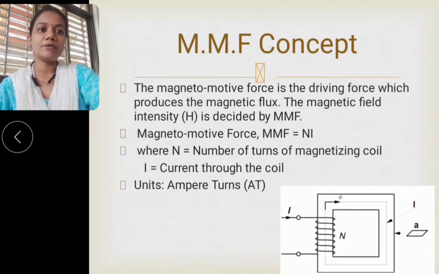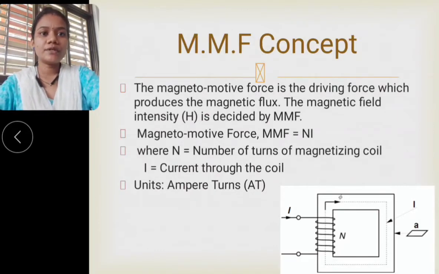Then next is MMF. MMF is the magnetomotive force. It is the driving force which produces the magnetic flux. Magnetomotive force is equal to N into I, where N is the number of turns and I is the current through the coil.